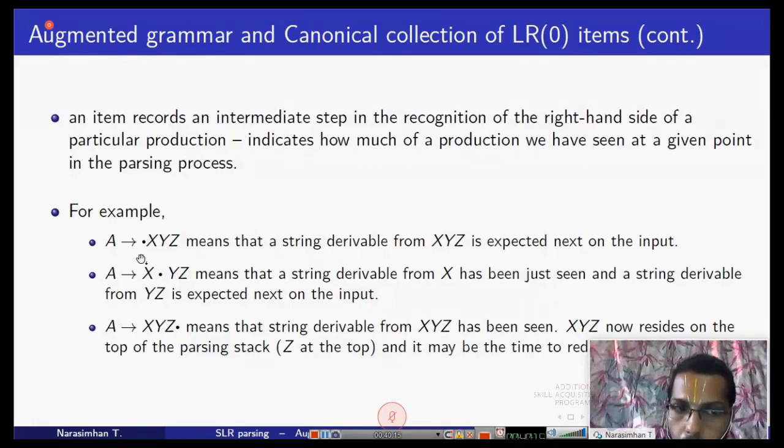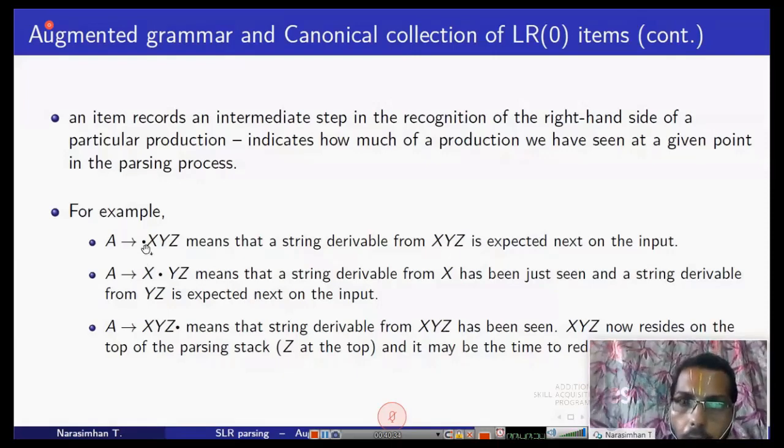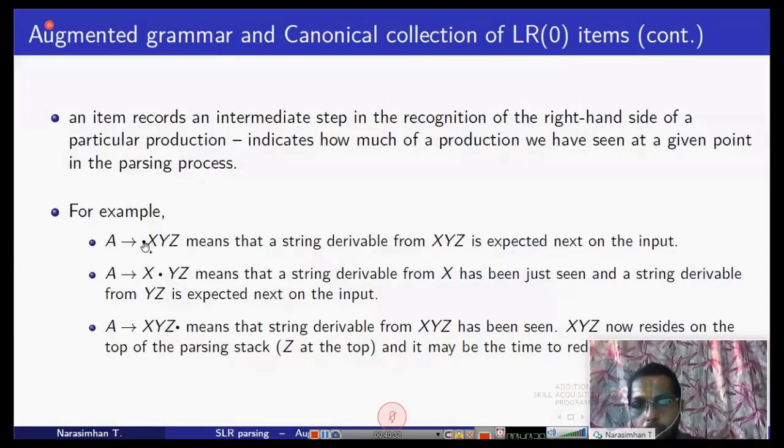That means you have not seen anything yet. You are expecting a string derivable from the sequence XYZ.